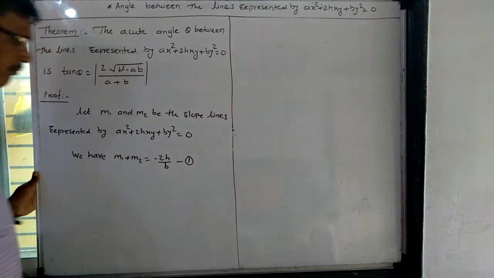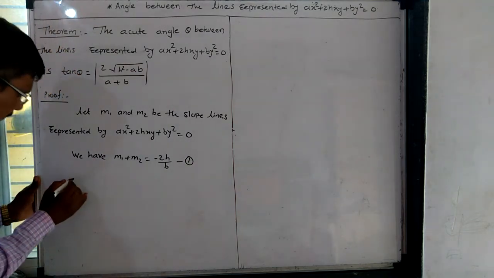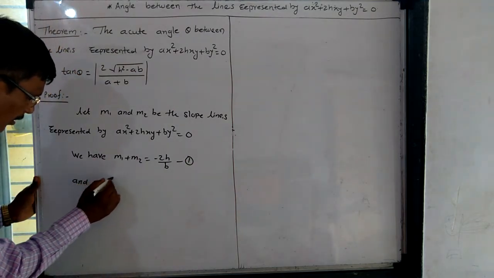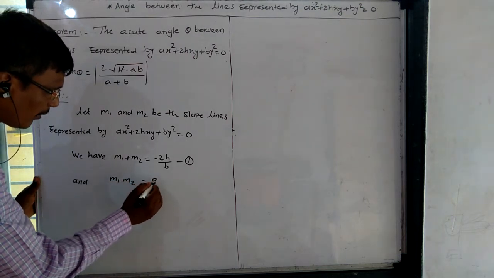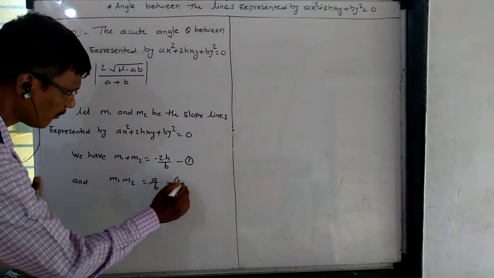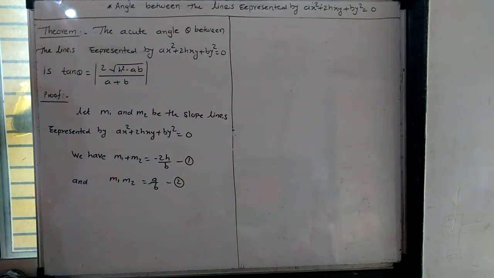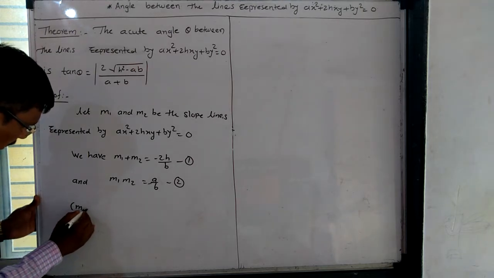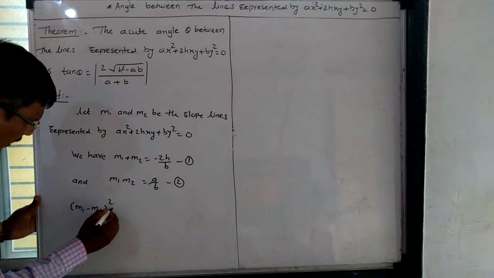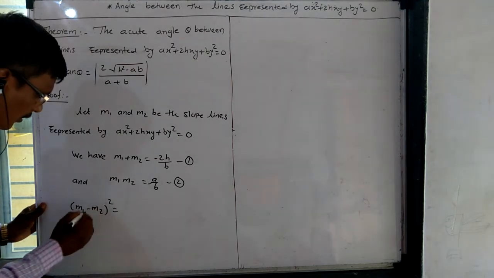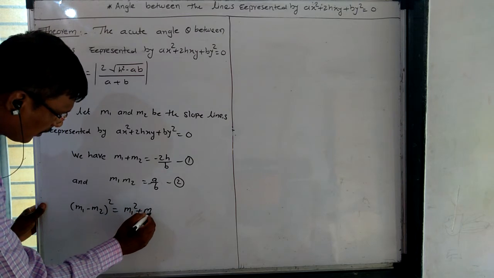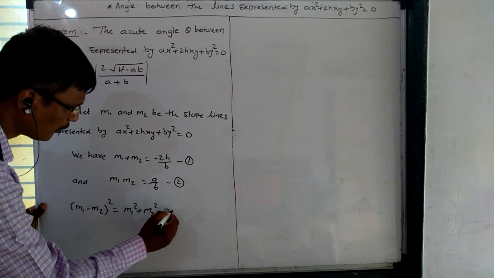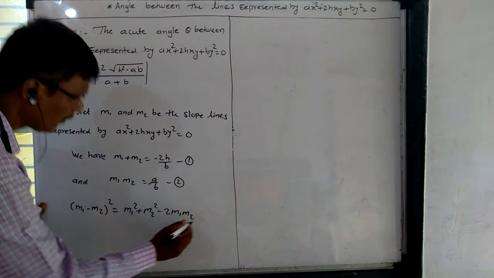This is equation number 1. And m1 into m2 is equal to a upon b. This is equation number 2. Also we have m1 minus m2 bracket square is equal to m1 square plus m2 square minus 2 into m1 into m2.